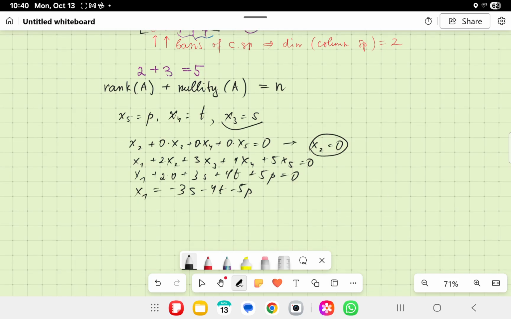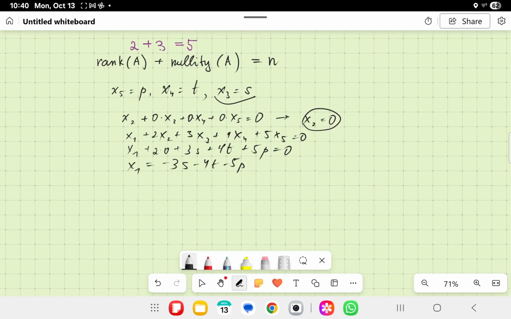Now I'm going to write down the vector solution. Remember, how do we write down a vector solution? The vector solution is going to be x1, x2, x3, x4, and x5. I'm going to write them down first as solutions and then convert them into vectors.